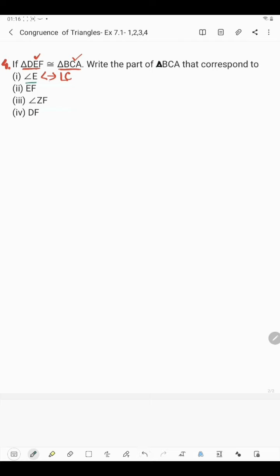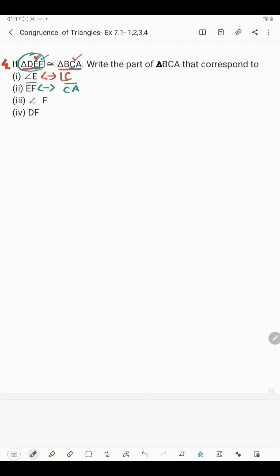This EF is present in DEF at the second and third letter. Similarly, from triangle BCA, we will have to take the letters at second and third. So the side corresponding to side EF will be CA. Okay.